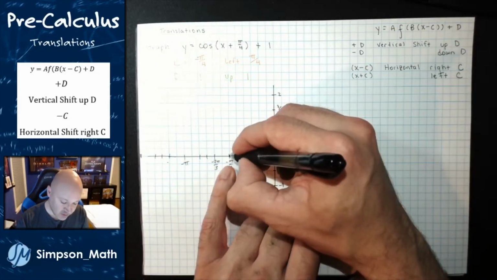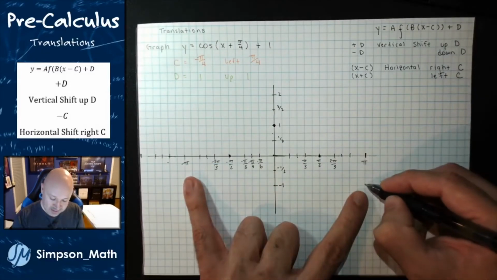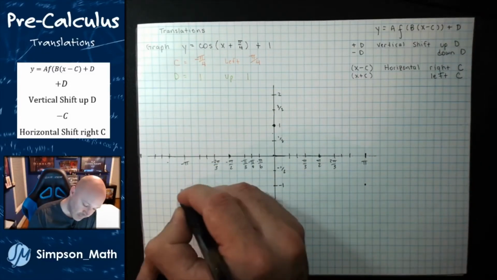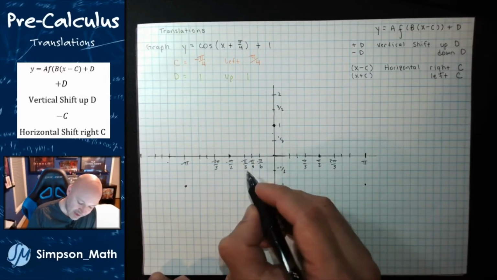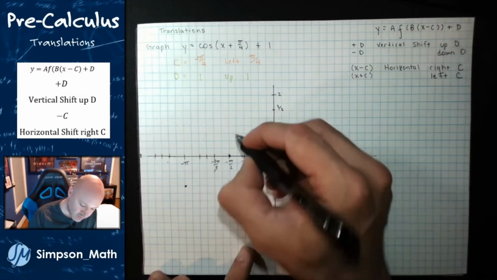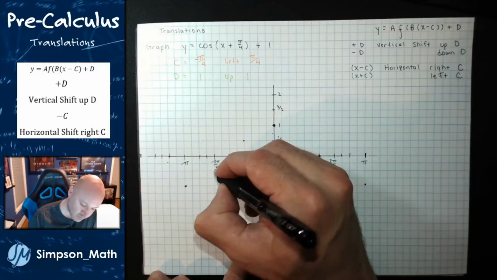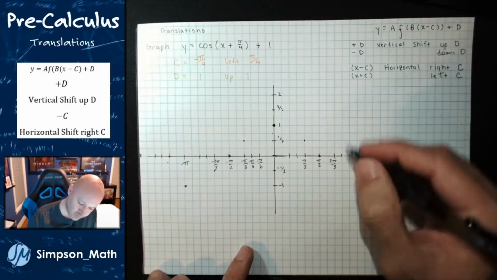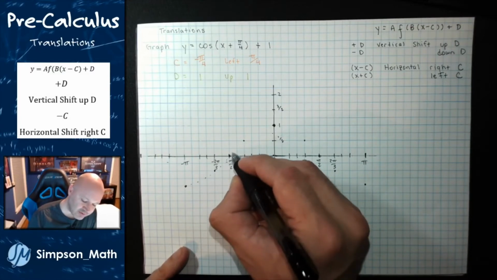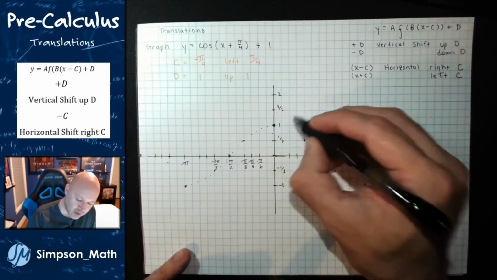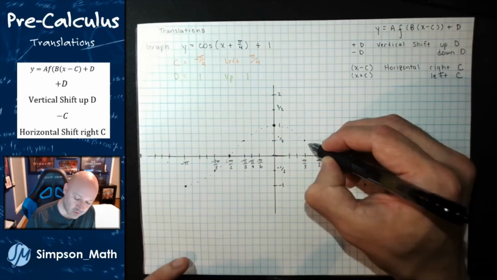Neg pi halves, it's 0. Pi and neg pi is neg 1. The thirds are real nice. They're those half values. And I'm just going to graph a dotted line of my parent graph cosine.